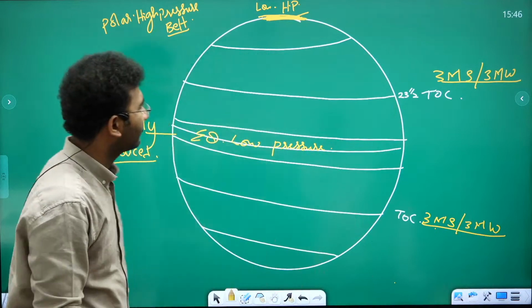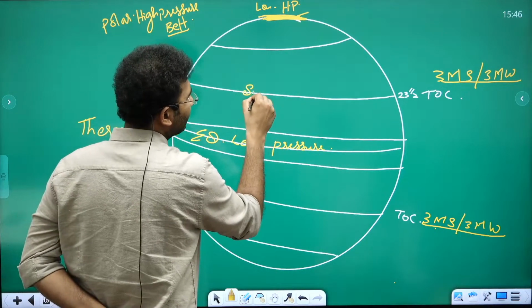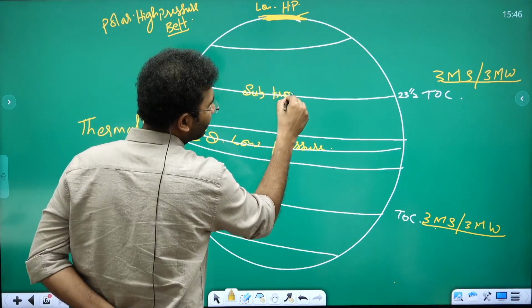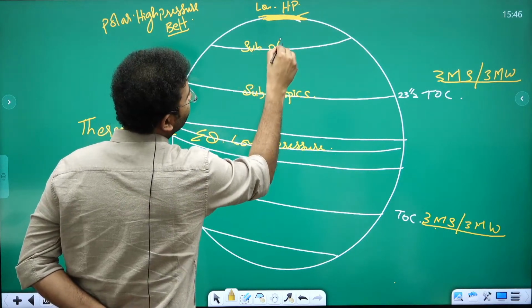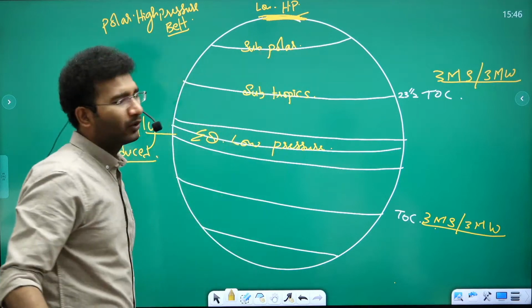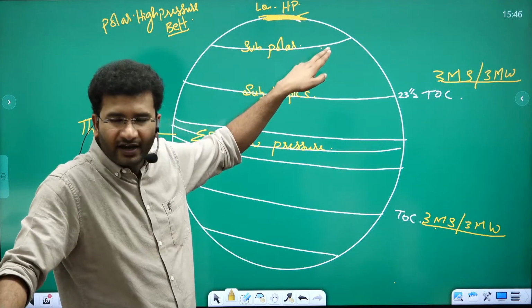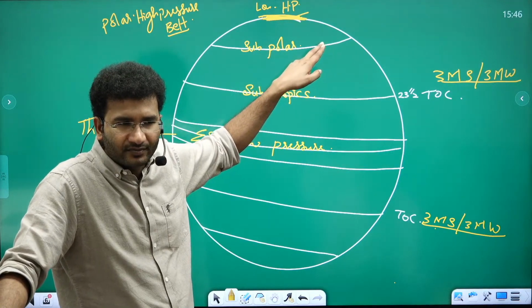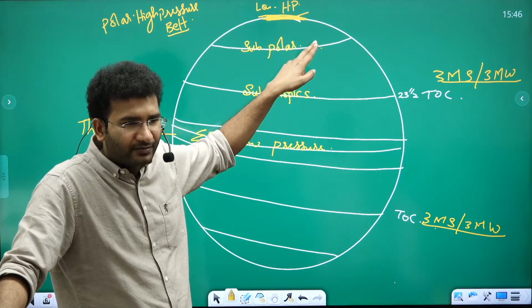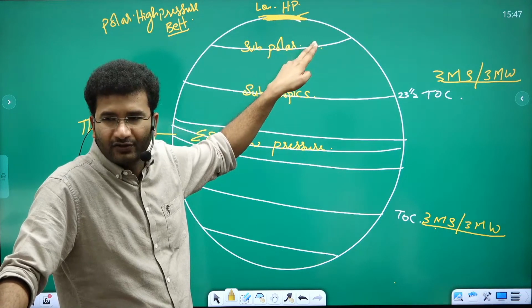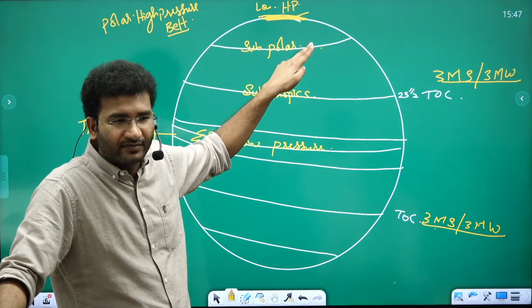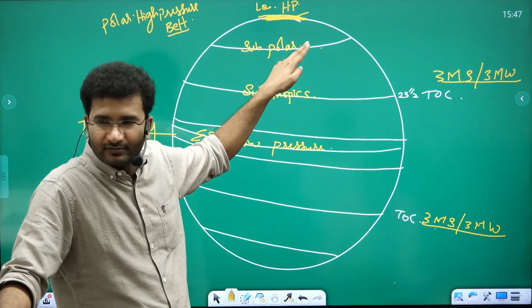The rest of the pressure belts are present at the subtropics and subpolar regions. Now compared to the polar region, do you have high temperature or low temperature here? You will have comparatively high temperature. Now the pressure present in this area as compared to the polar region will be low, right?